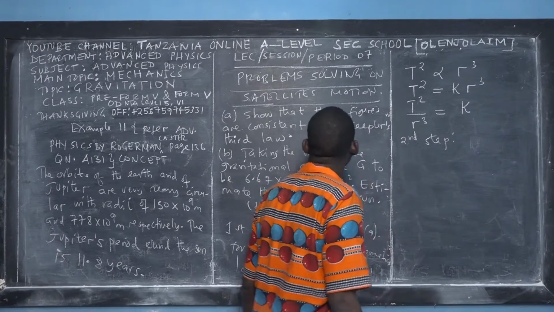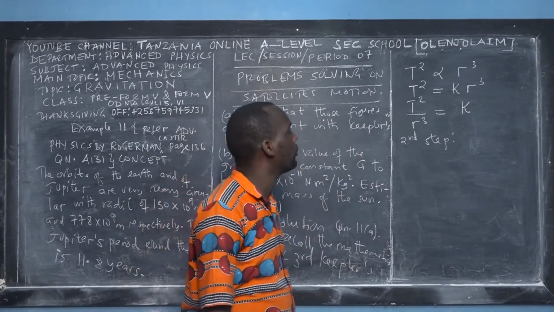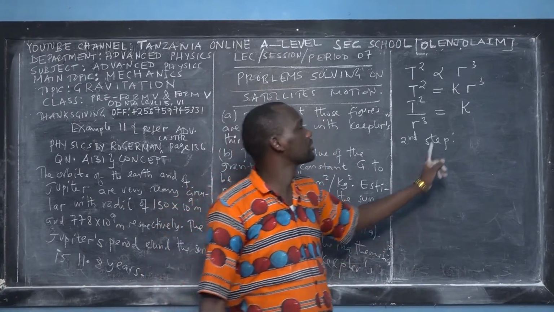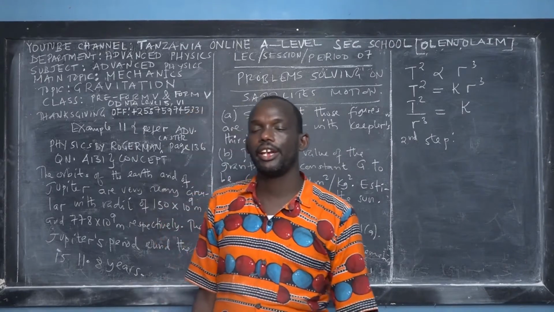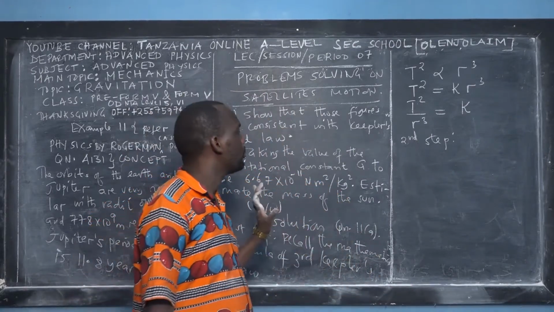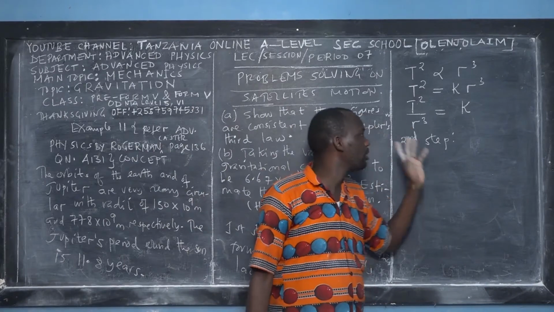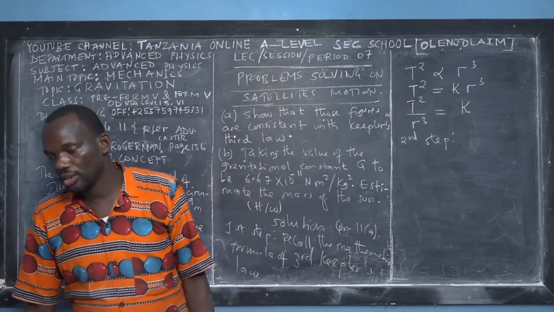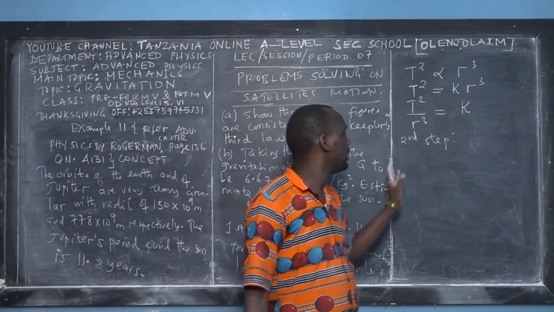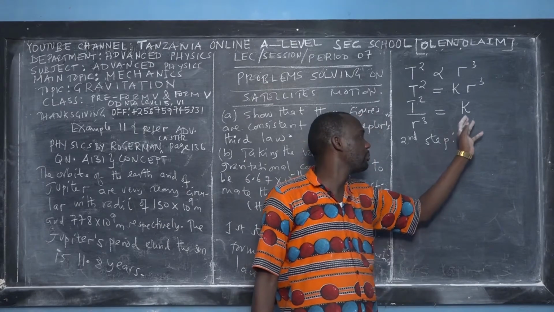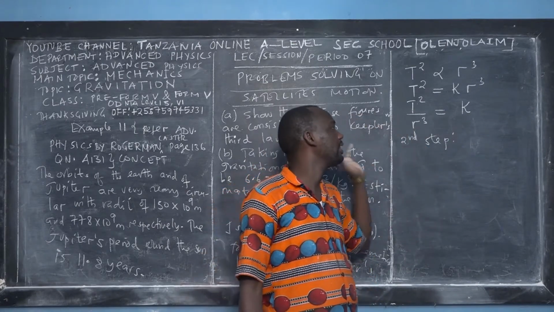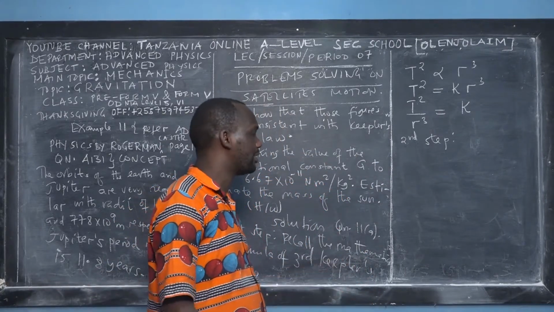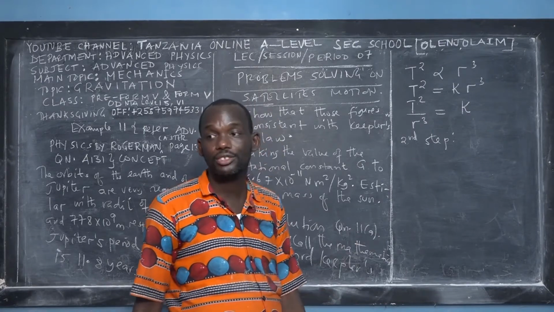For the second step, to show that these figures for Jupiter and Earth are consistent with Kepler's law, we calculate Kepler's proportionality constant using the period of revolution and the mean distance of each planet around the Sun. If we find that we have the same constant, then the figures are consistent.